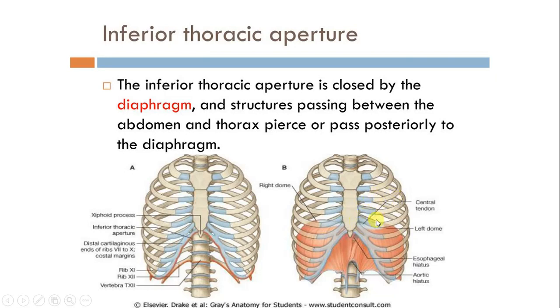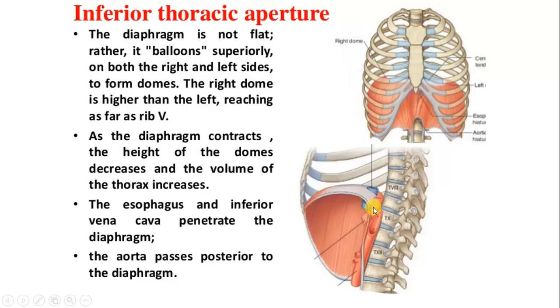So the inferior thoracic aperture is actually not an aperture, it is closed by the diaphragm, which is separating the abdomen from the thorax, and certain structures will pierce the diaphragm either to enter from the thorax to the abdomen or from the abdomen to the thorax area. And this is common sense: the esophagus has to come out of the thorax to the abdomen, but the inferior vena cava has to come from the abdomen into the thorax by piercing the diaphragm.